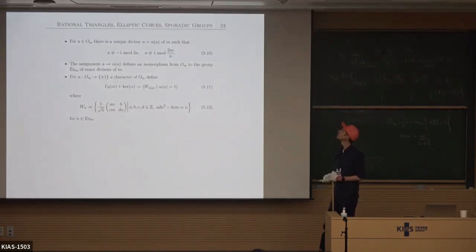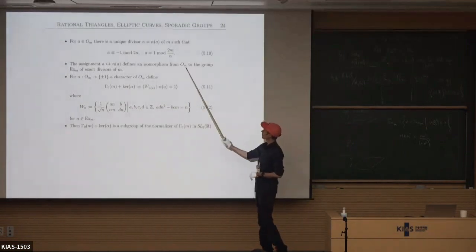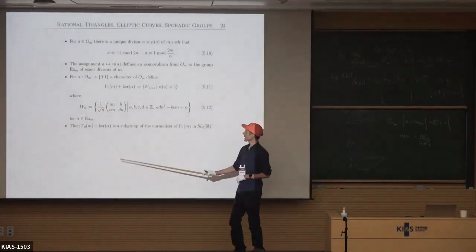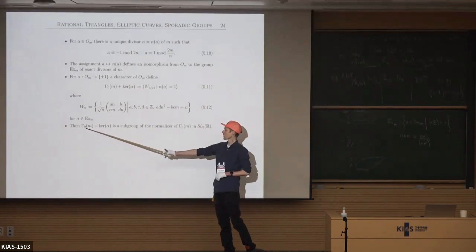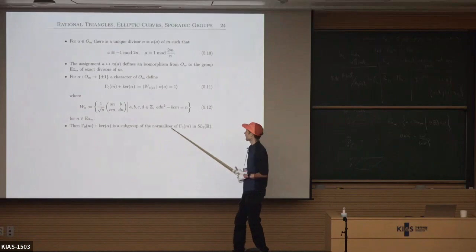So the point is that given a character of OM, I get, in a natural way, a group that normalizes and contains gamma naught M.